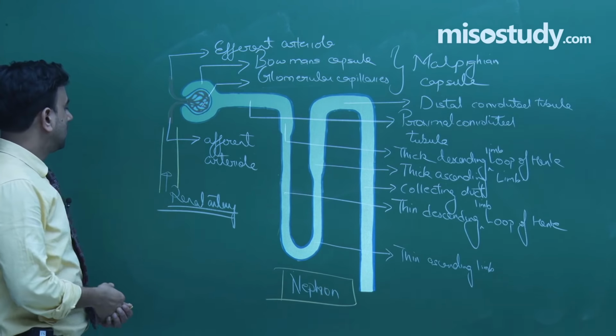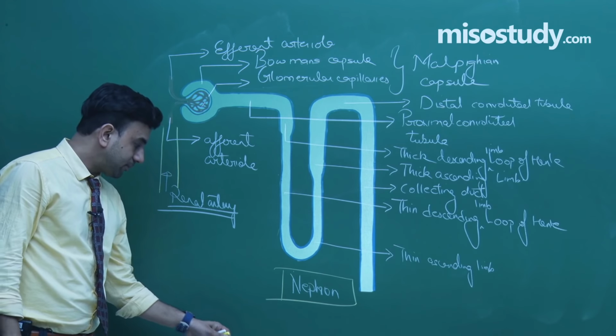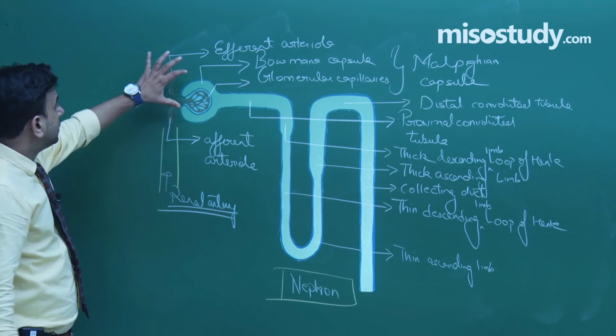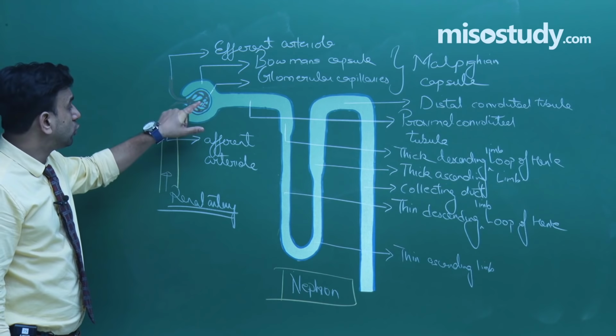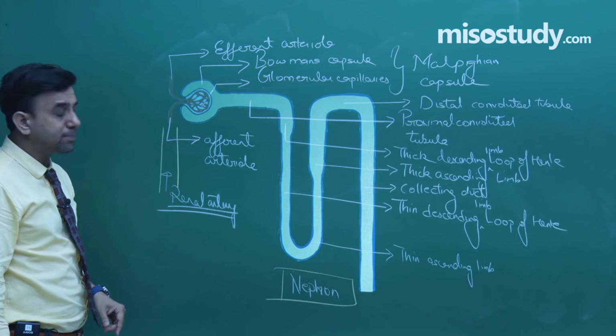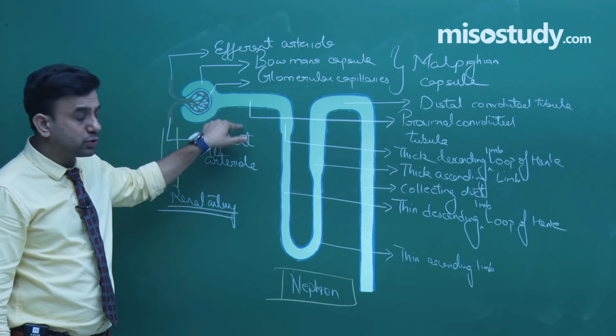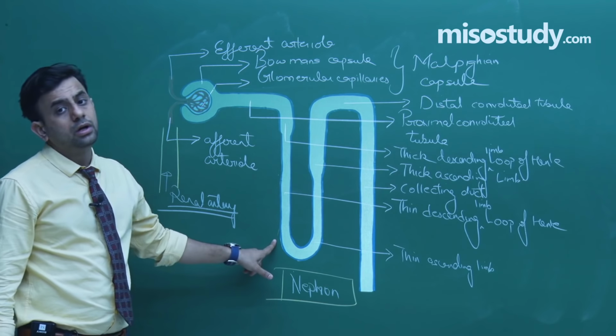So this is the structure of a nephron. The cup-like structure is called the Bowman's capsule, and the glomerular capillaries together are called the Malpighian capsule. Then this is the proximal convoluted tubule, continuing into the loop of Henle.